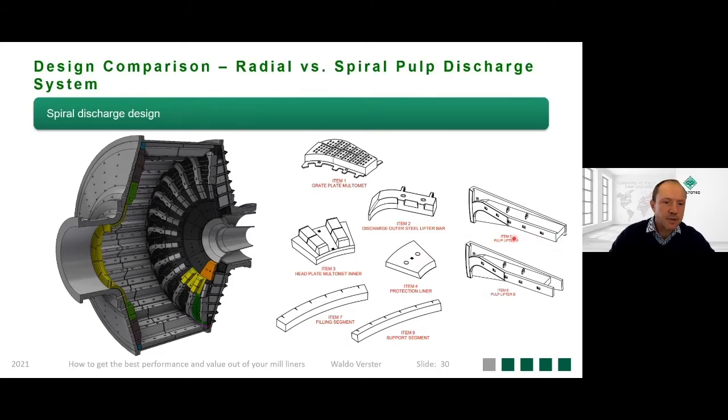We've got two different pulp lifter designs, pulp lifter A, pulp lifter B. In pulp lifter A, the dividing web stops close to the central discharger, whereas in pulp lifter B, the pulp lifter webs are shortened, and that is to increase the cross-sectional discharge area in this area of the discharge system.